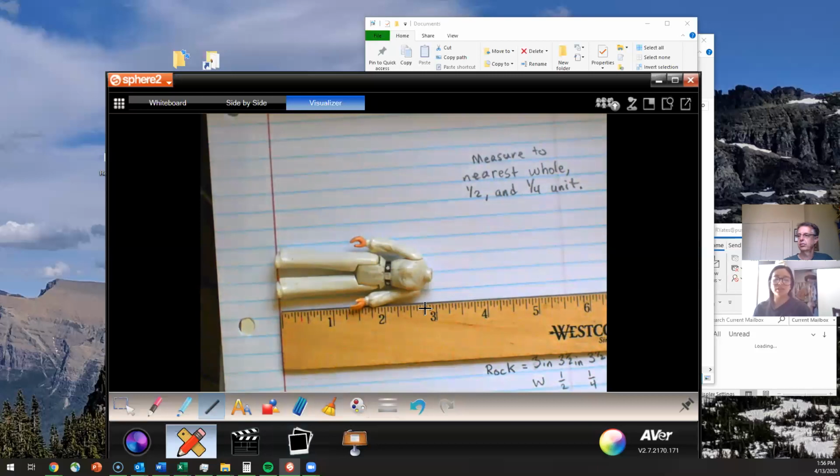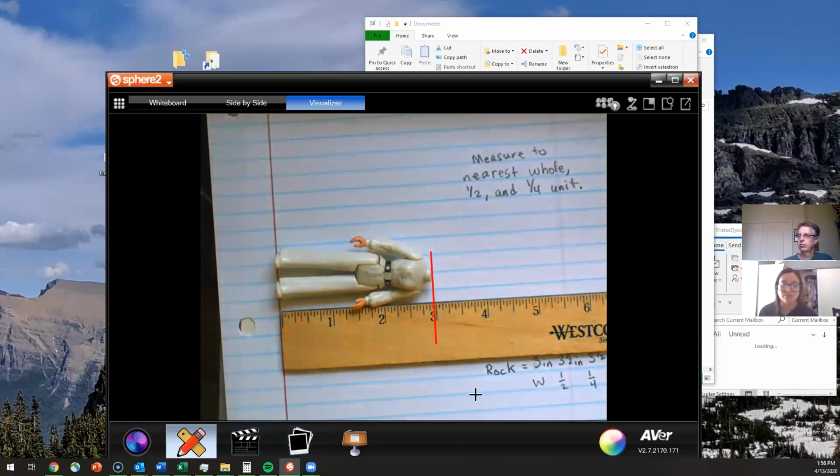Now, this one's going to be a little bit different than the last one. It looks like we are pretty close to our 3. Our 2 would only be right at her wrists, and our 4 would be maybe calculating if she had a head.